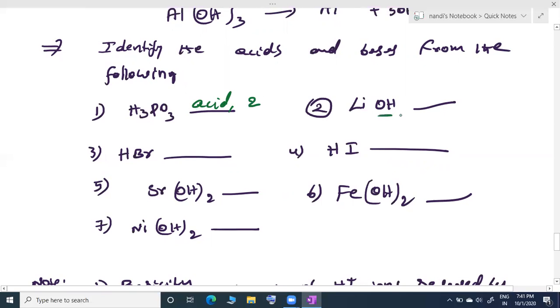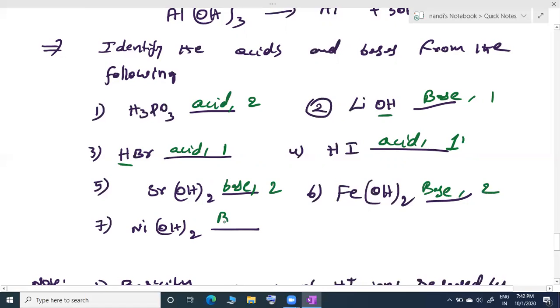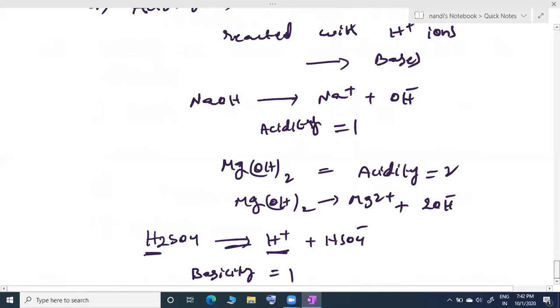Here 1 OH minus, so base. Acidity is 1. Here H is released, this is acid, and basicity is 1. Here also acid and 1. Here base, but 2. Here also base, 2. Here also base and 2. So this is the thing, acids and bases.